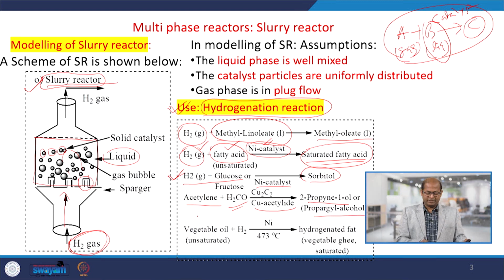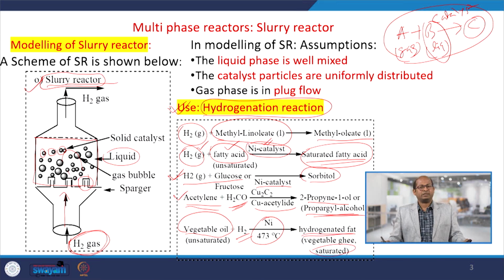For this system acetylene is the gas and formaldehyde is the liquid, and another product is formed. Similarly, another example is vegetable oil, the unsaturated oil, which in the presence of hydrogen and catalyst we can convert into saturated fat. This type of reactor is useful to conduct such reactions when gas, solids and liquids are present in the system.